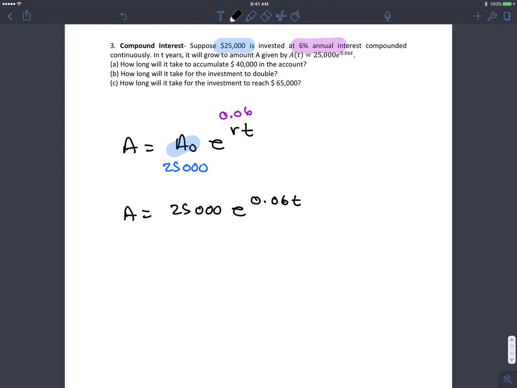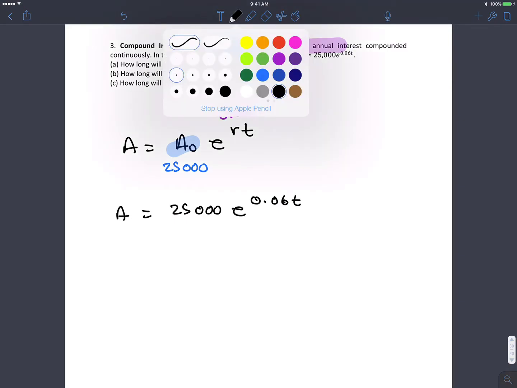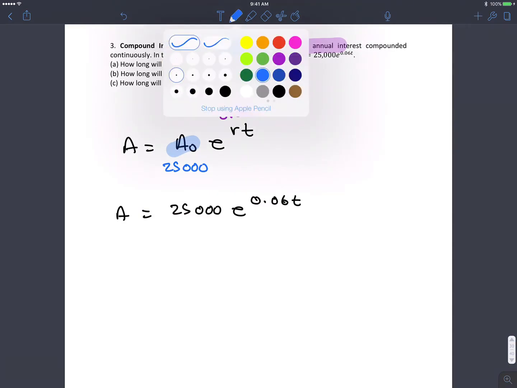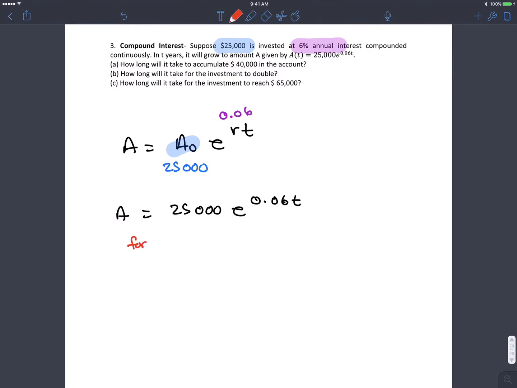So here's what's going on. Let me stand back a bit and say to you the following. Here's what they want to know. For what time value will my amount A be $40,000?